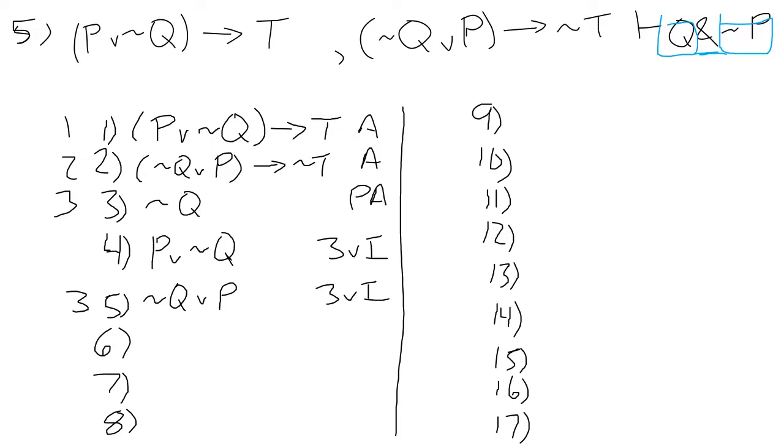And then we're going to toss those into our conditional statements. So we can get T from 1 and 4, arrow out. And we can get tilde T from 2 and 5, arrow out.